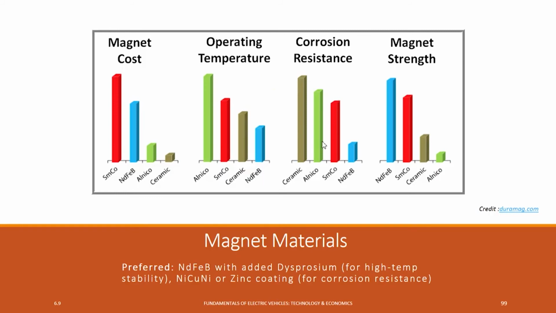It can be a simple zinc coating, or there is what is called nickel copper nickel coating. We provide a coating. So, the NdFeB is very good in magnet strength. To improve the corrosion resistance we provide the coating, and to improve its temperature rating we provide dysprosium in addition to neodymium, and overall we get a magnet which is better than the others. This is the normal choice.